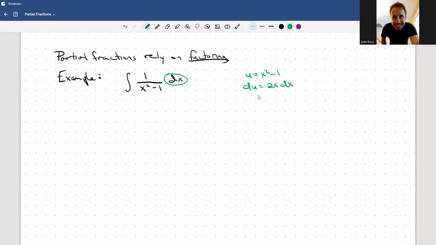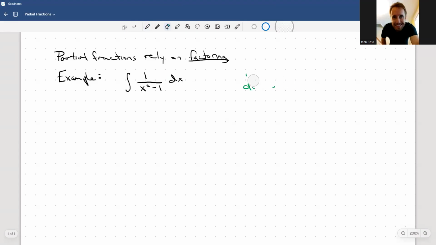We have our dx, but we don't have a 2x. And so we cannot fully substitute in and get a du as an answer. So we cannot actually complete this substitution.